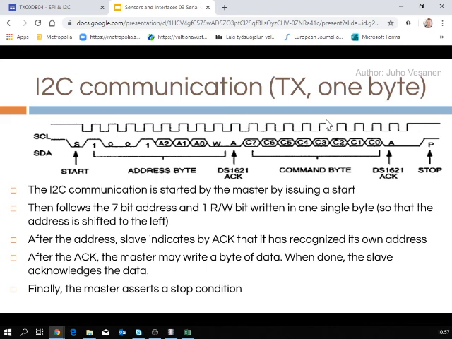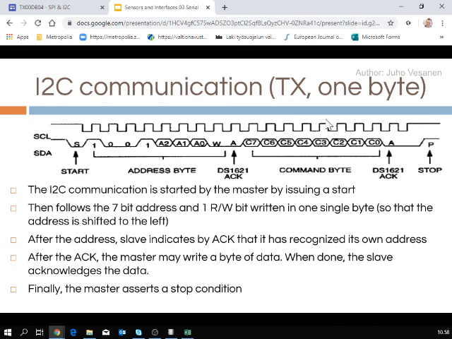Starting a transmission means that we have, okay, that's the clock line, this is the data line, sorry about the offset. So we have the clock line high, and the data line goes low.